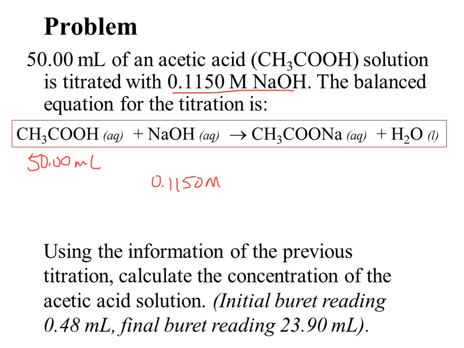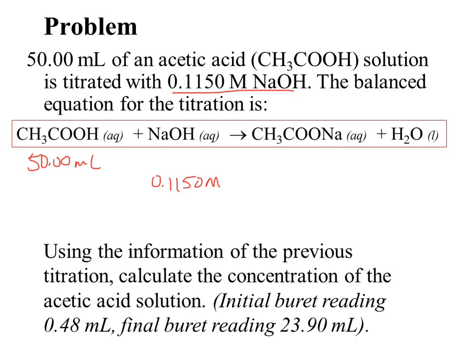Then, if you read this, it tells you the amount of sodium hydroxide you used. In the video we watched, the starting volume in the burette was 0.48 milliliters. You never go full in your burette, and you never start at 0.00.